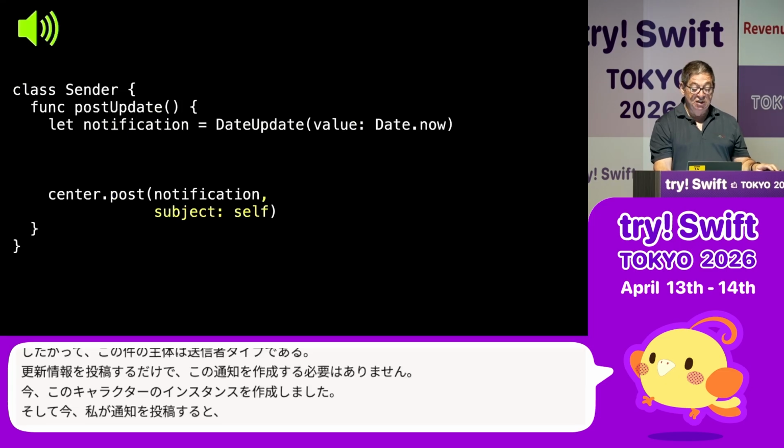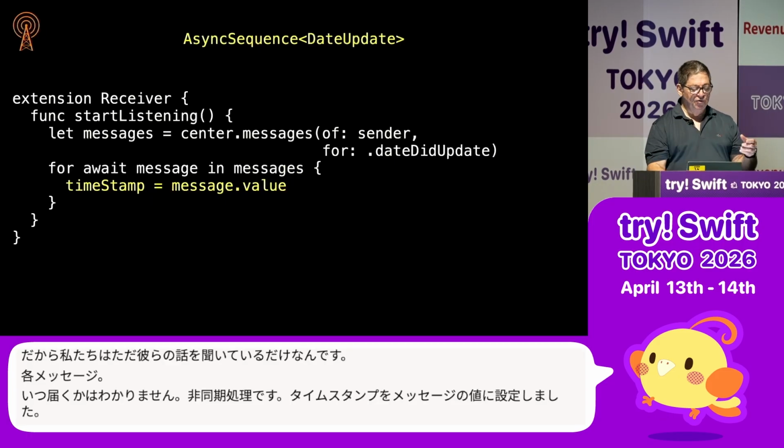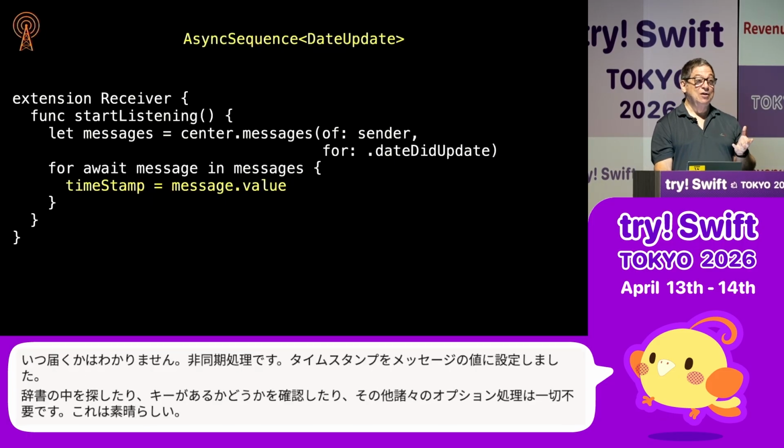And so we're just listening to these guys, and so we for-await them. And as each message comes in, I don't know when, it's asynchronous, I just set the timestamp equal to message.value. None of this reach inside a dictionary, see if it has a key, do all that optional stuff. This is delightful. The API that was so old is getting freshened again.